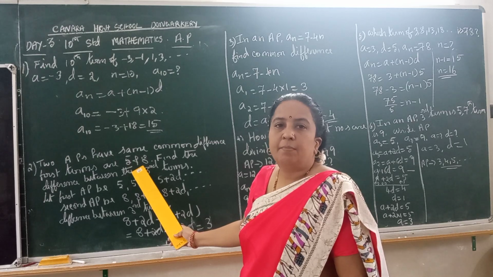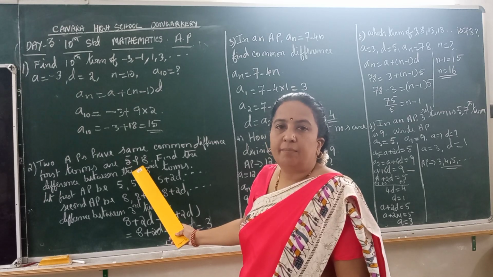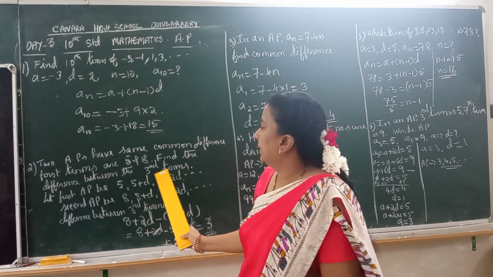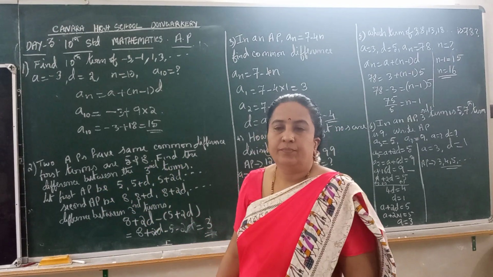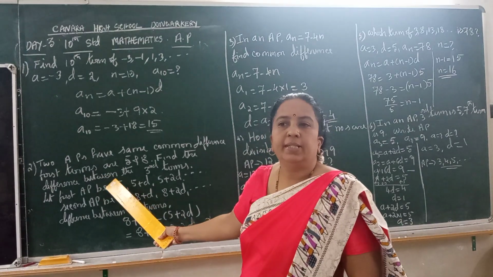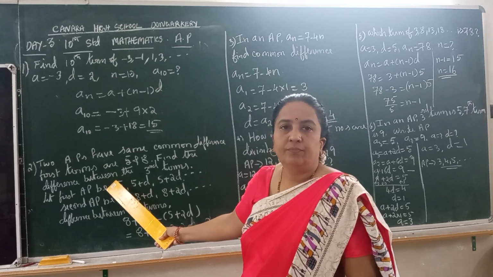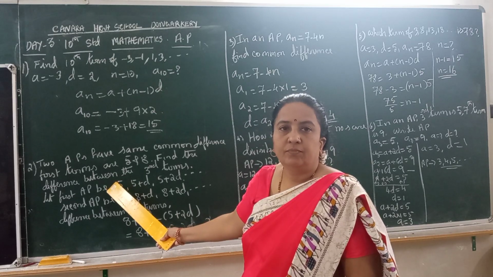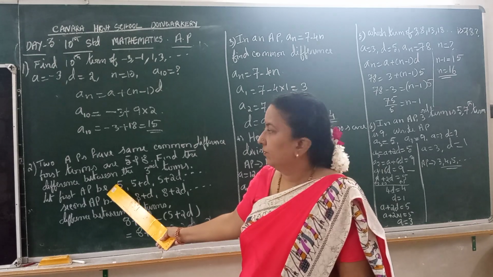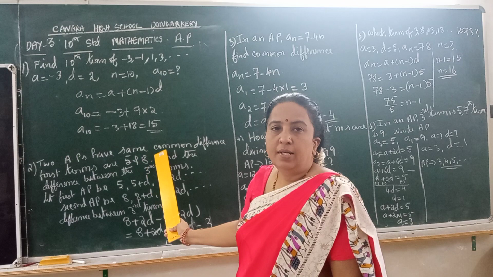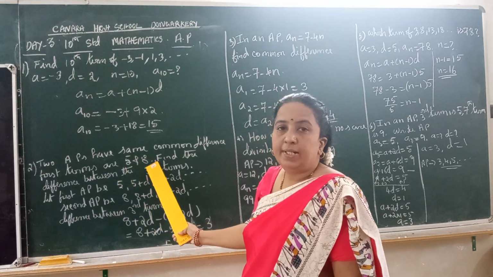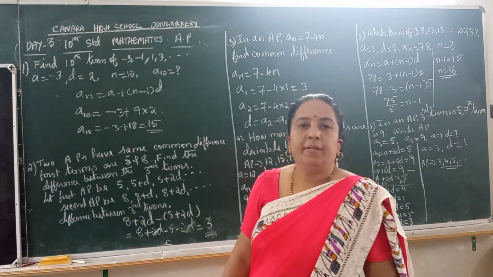One AP's first term is 5, the second AP's first term is 8. Find the difference between the third terms.